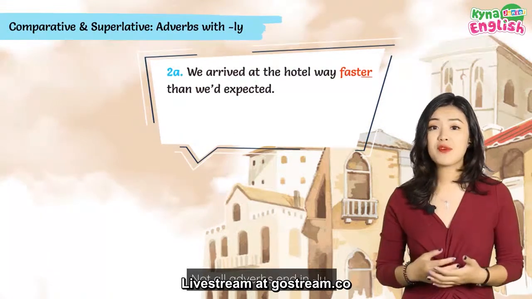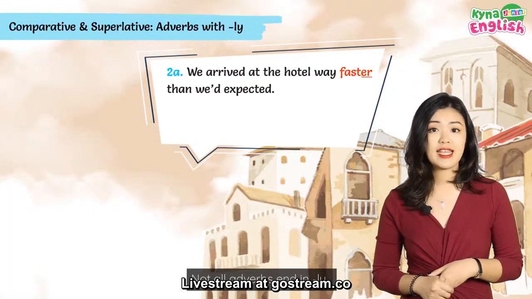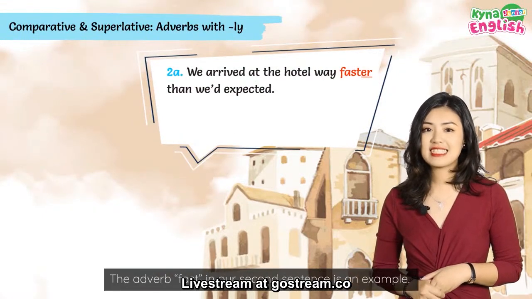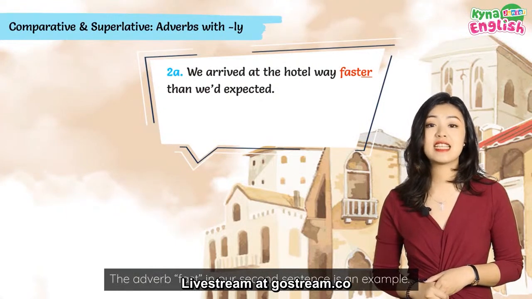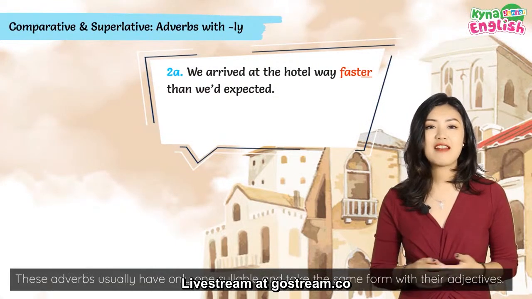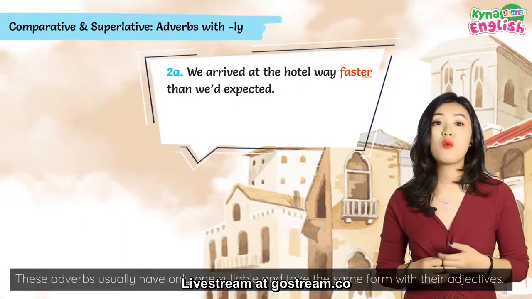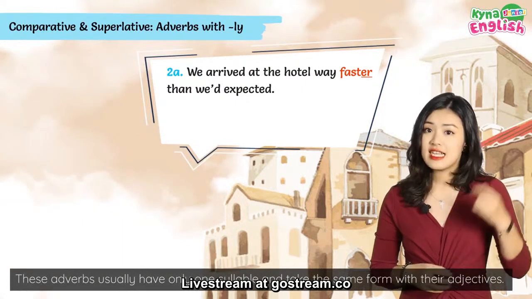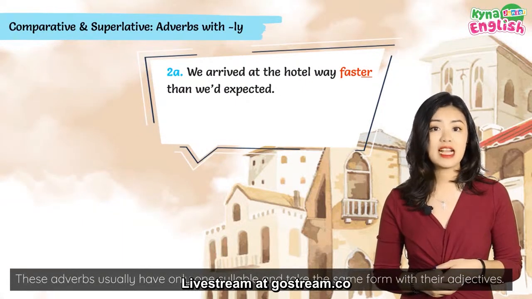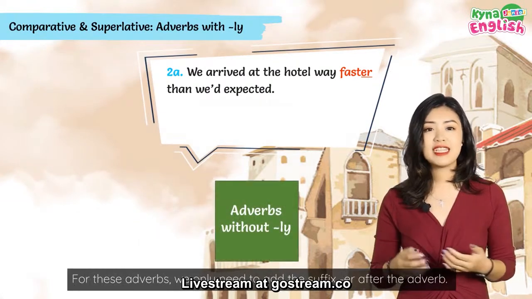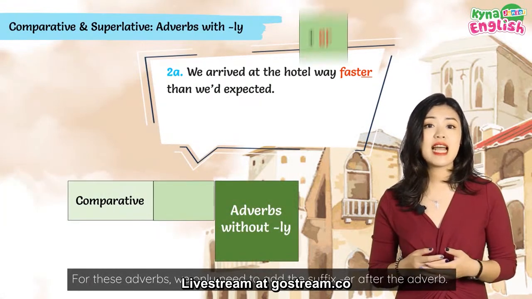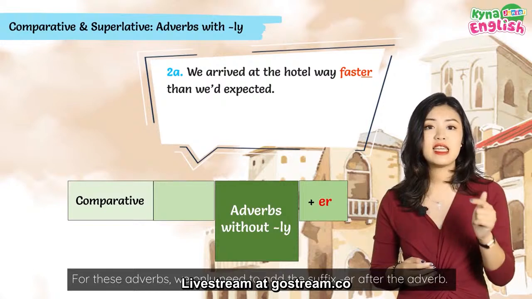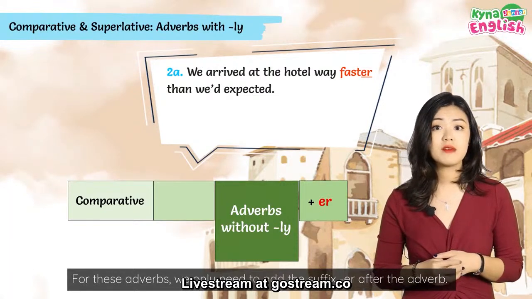Not all adverbs end in ly. The adverb fast in our second sentence is an example. These adverbs usually have only one syllable and take the same form as their adjectives. For these adverbs, we only need to add the suffix er after the adverb.